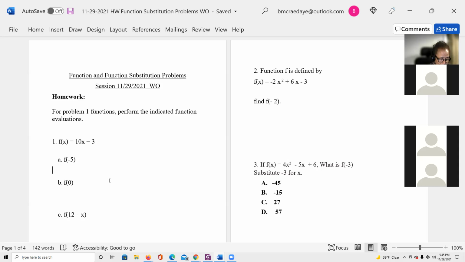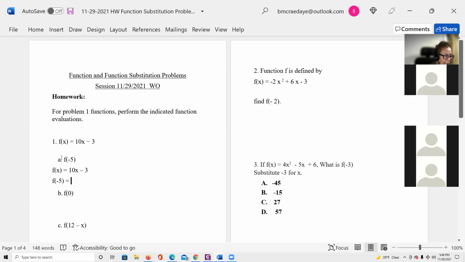So f of x equals 10x minus 3. I think you had that one right. So this would then be f of -5, right? f of -5 equals. You're getting -5 from?